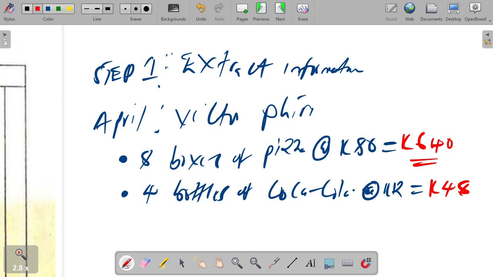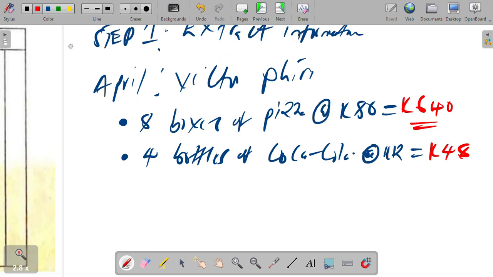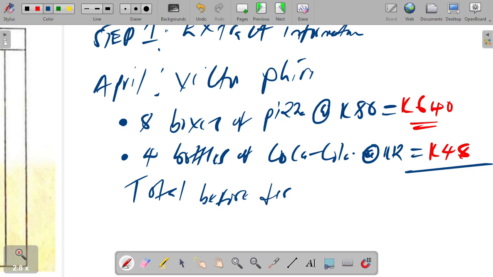Okay, now we have to calculate the trade discount, the total before the discount. Okay, so we add these two. So we say total before discount.